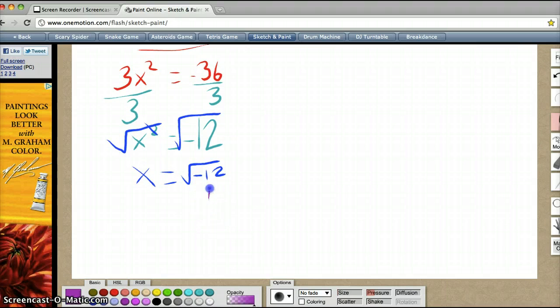So we can reduce the square root to 4 times 3, which is 2 on the outside. So our 2 goes on the outside, x equals 2 square root of 3, because our 3 still remains under the square root. So 2 square root of 3 i. Okay, and the reason why it's i is because you had a negative number underneath your square root.